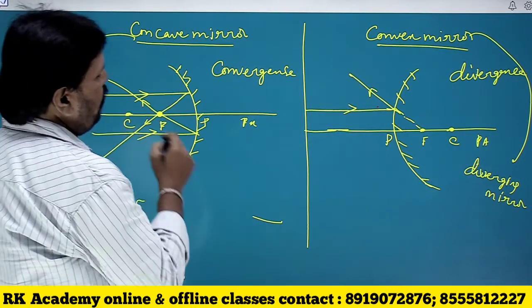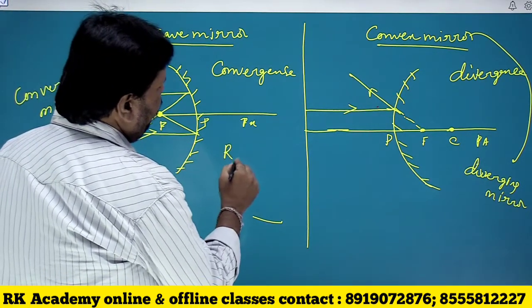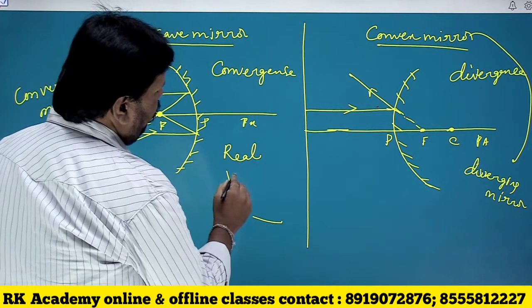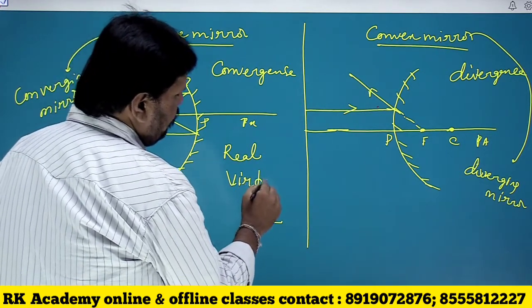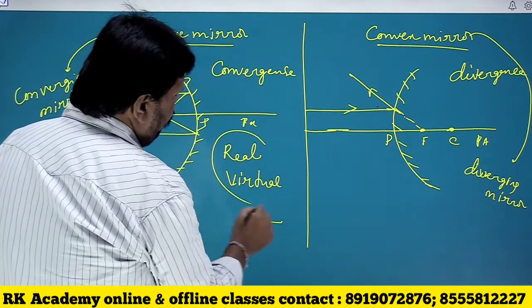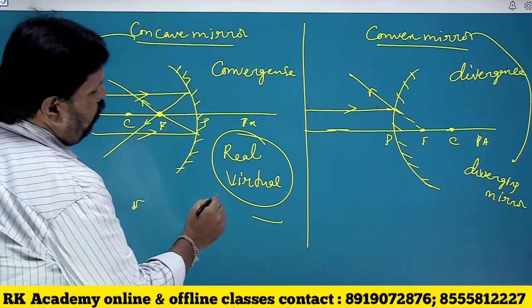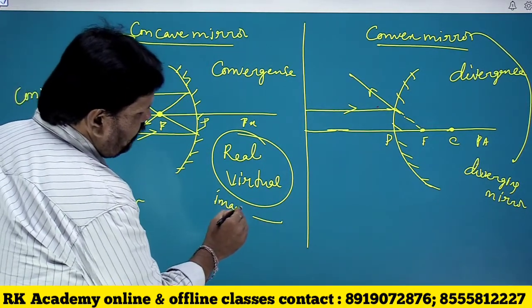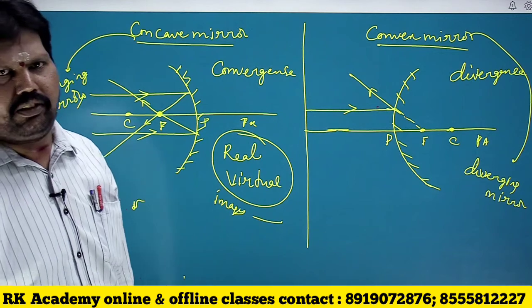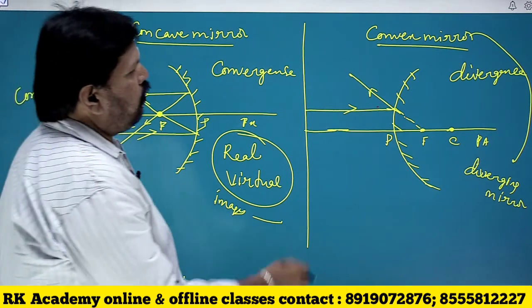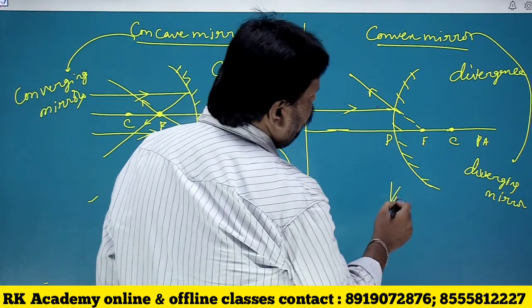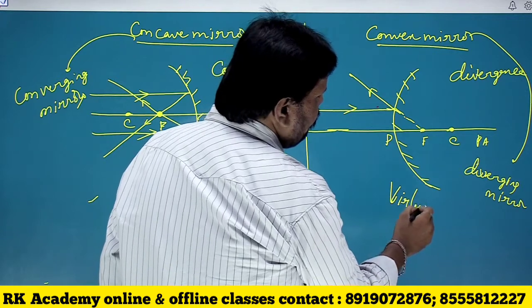Using concave mirrors we can get real images and also virtual images. Using a convex mirror we will get only virtual images.